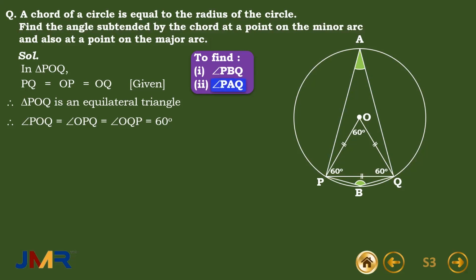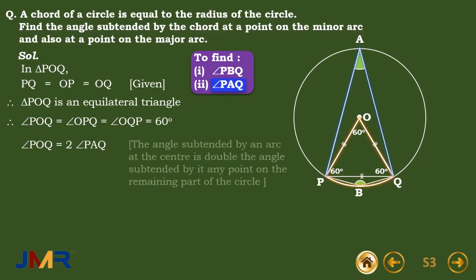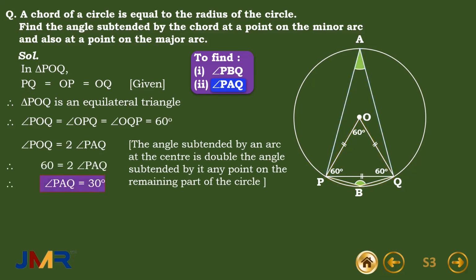First of all, let us find angle PAQ. Why? Because angle POQ is equal to 2 times angle PAQ. Why? The angle subtended by an arc at the center is double the angle subtended by the same arc at the circumference. Therefore, angle POQ already we know 60 degrees. Therefore, 60 degrees is equal to 2 times angle PAQ. Therefore, angle PAQ is half of the 60 degrees. That is nothing but 30 degrees.